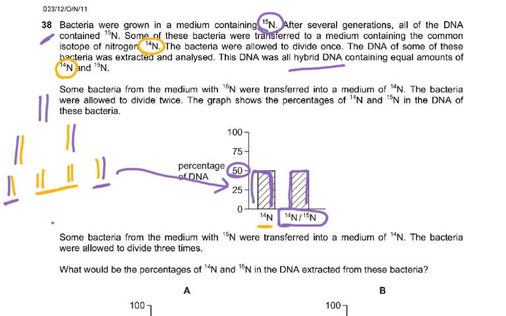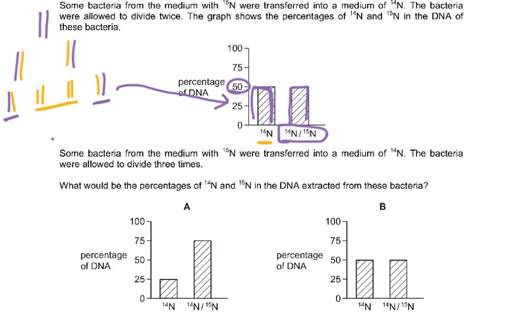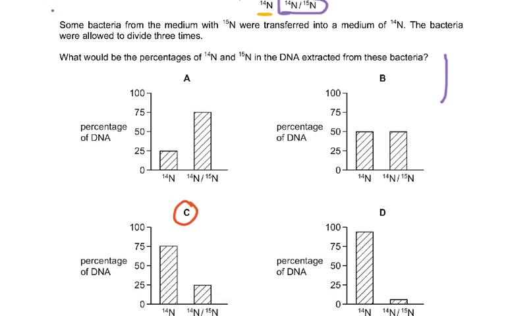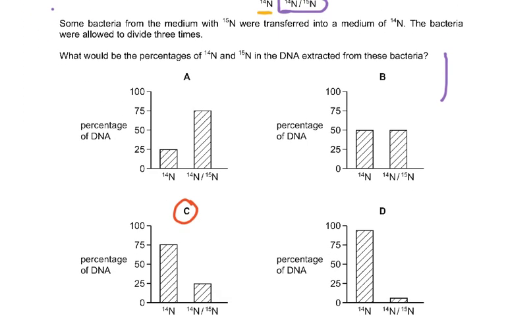Now it says some bacteria from the medium with N15 were transferred to medium N14. The bacteria were allowed to divide 3 times. What is the percentage of N14 and N15 in the DNA extracted from this? Now, as I think I've discussed before also, the N14 and N15 hybrid would be only 25%, and the rest of this would be 75%. I'll just show you a diagram to explain this.